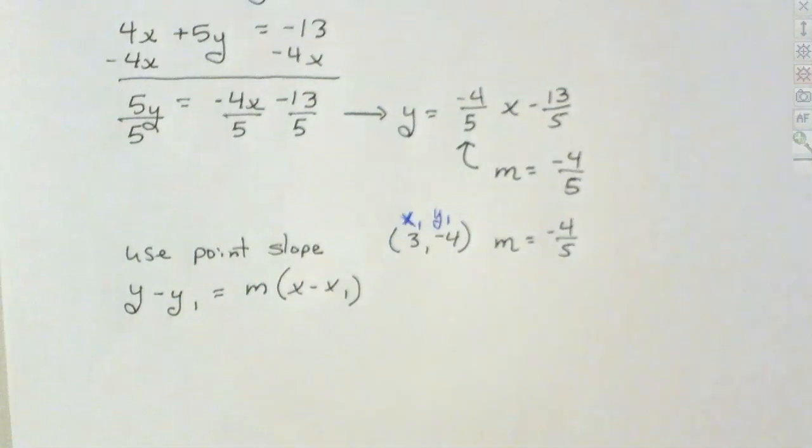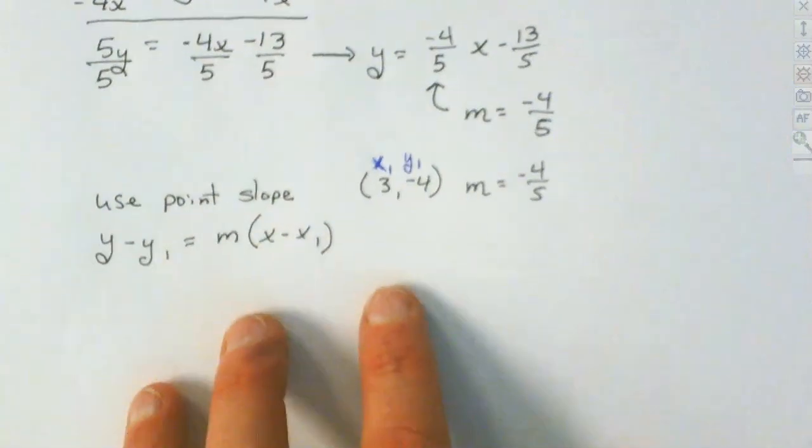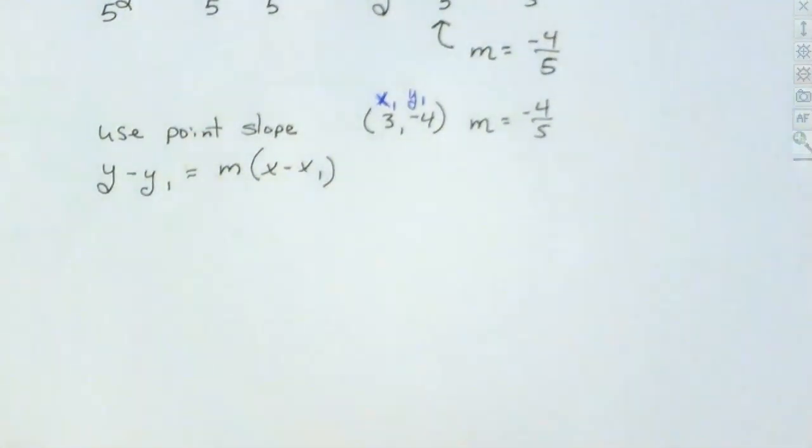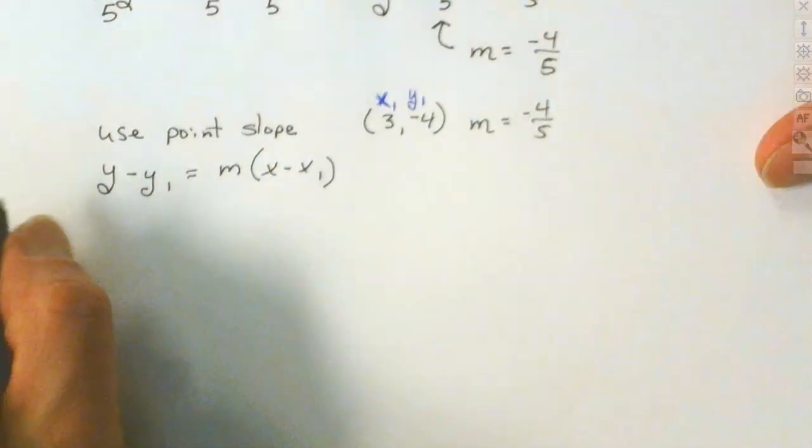When you plug these in, take your time. Do not rush through them. Commonly made mistakes are things like sign errors, forgetting that a double negative makes it positive. So take your time when you work through this question. Fill it in. Watch out for double negatives.